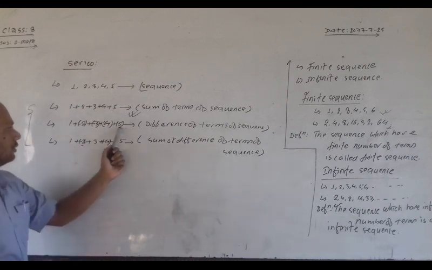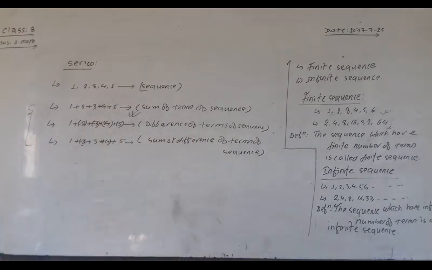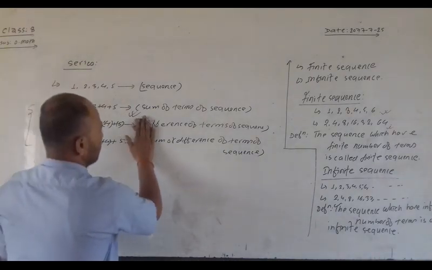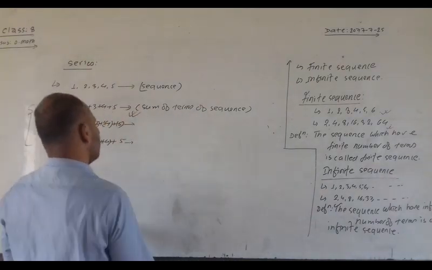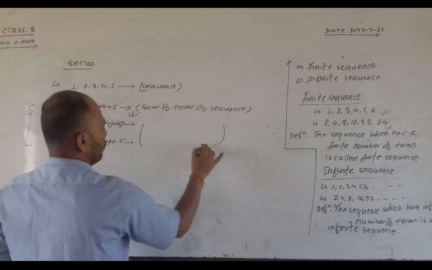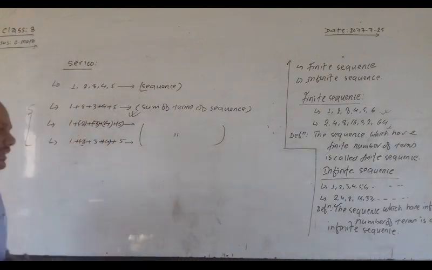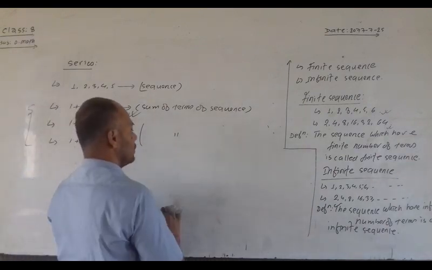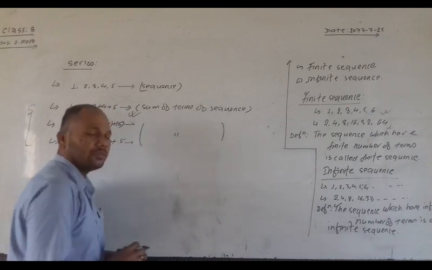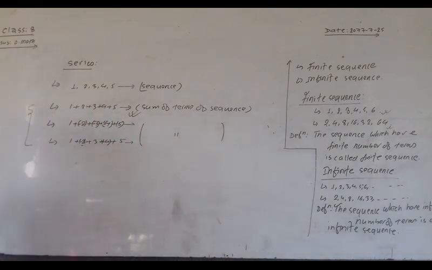Now if we remove this, this is also correct. This is not wrong. We only clear its concept by giving the minus. So here we can easily say the sum of the terms of the sequence is called series.